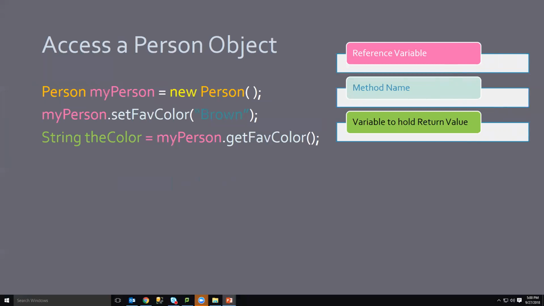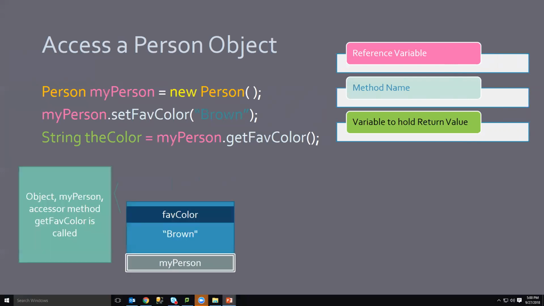So here we set their color to brown. In this line of code, we're going to get that color and end up with brown in our string. So we can update our person object.